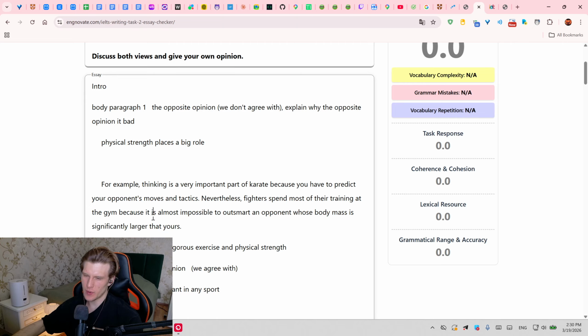No, we're talking about the gym, so it's not the body mass. We have to say muscular strength. Whose muscular mass significantly. Okay, who has significantly more muscles? No. Okay, maybe muscle mass.